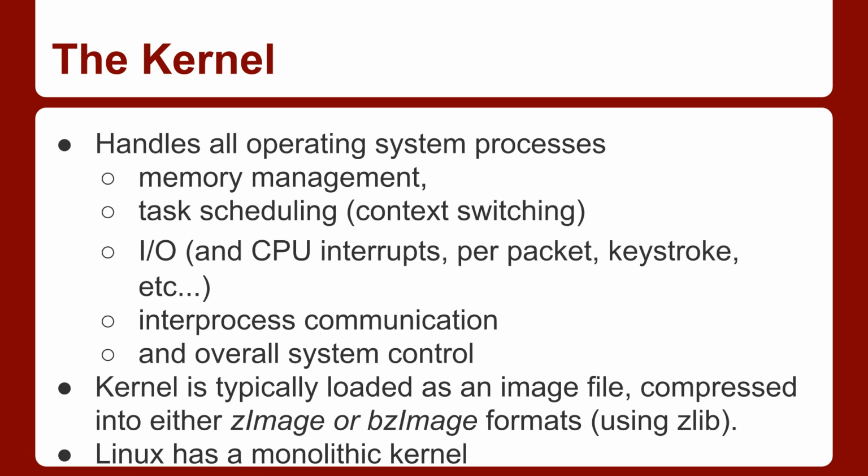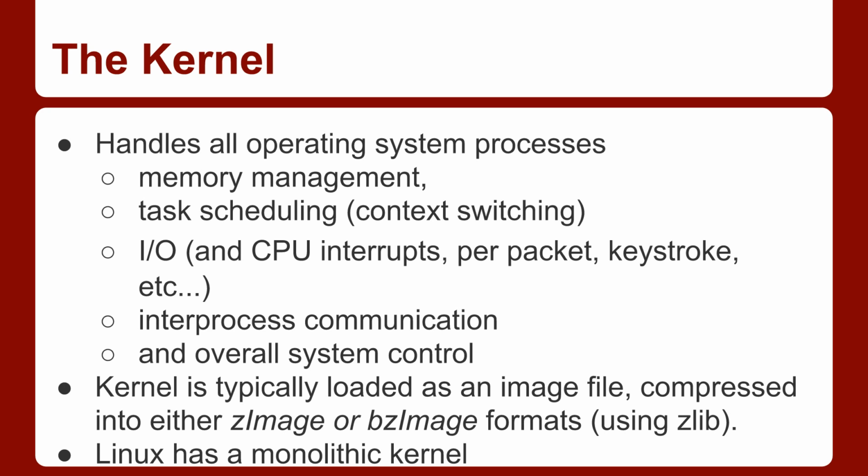The kernel handles all the operating system processes, so the memory management, task scheduling, input, output, which is more than just keyboard, mouse, and monitors, the packets that the network interface, whether it's wireless or Ethernet or whatever, receives.